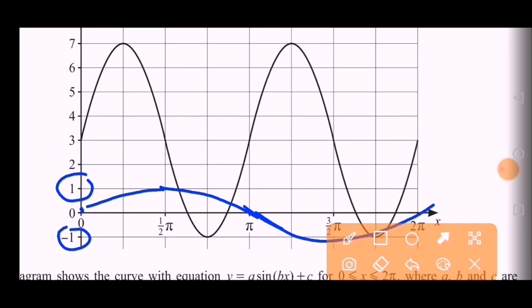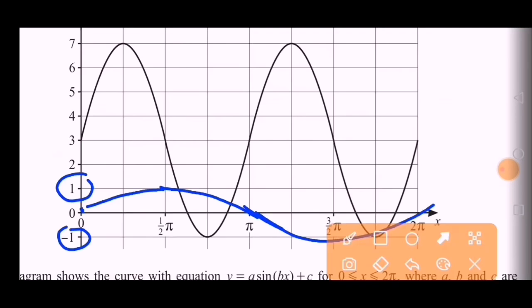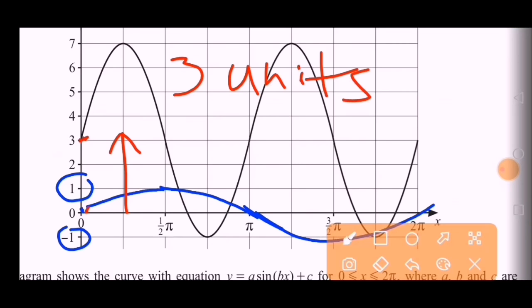When this given graph that we are dealing with starts, it starts at y is 3 and not y is 0, which indicates that the whole graph has been shifted up by 3 units. It has been shifted up by 3 units.